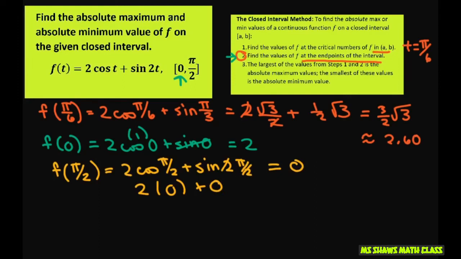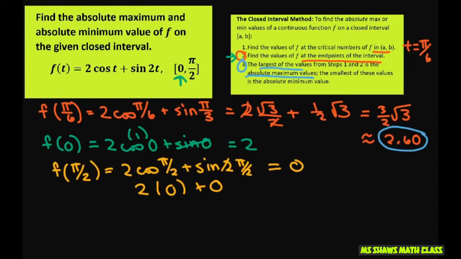Now we can look at our smallest amount and our largest. So for step 3, our absolute maximum is the largest value, which is 2.60.